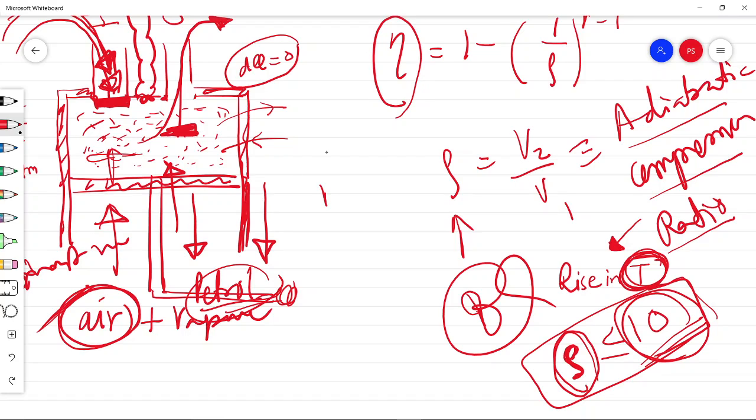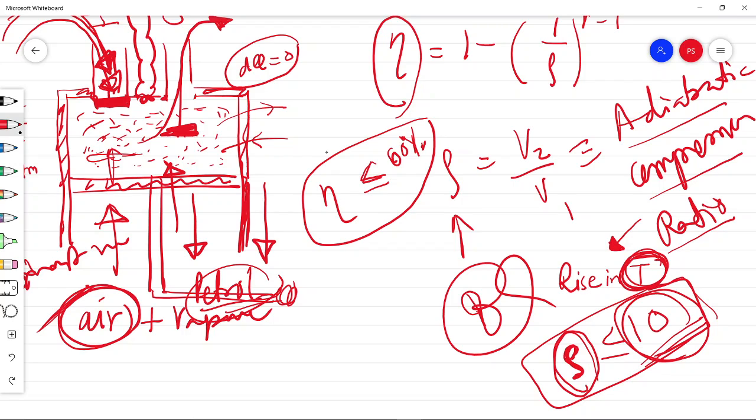So this causes the eta to be less than or equal to 60%. So a typical theoretical petrol engine cannot provide an efficiency larger than 60%. This was a brief discussion of petrol engine, as we have named it. It is also called an auto engine.